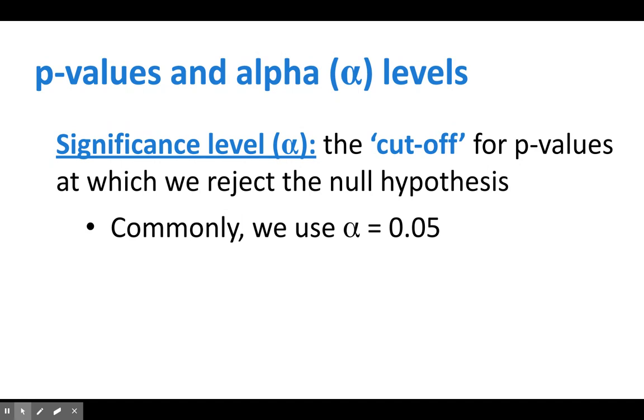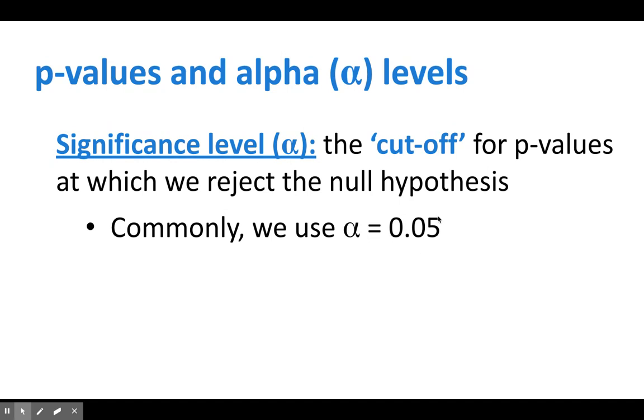You can think of this as the cutoff value for p-values. If something is lower than that, it's so unlikely to happen that we can reject the null. The most commonly used alpha level or significance level is 0.05.